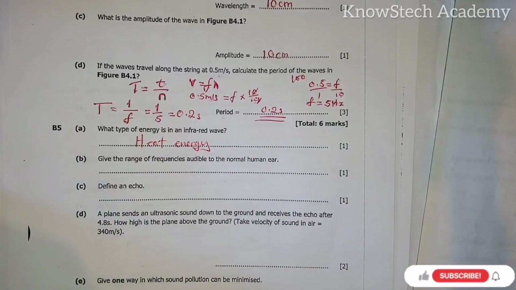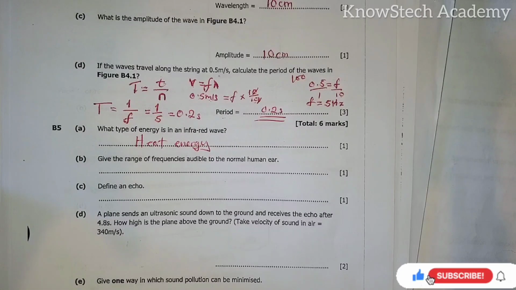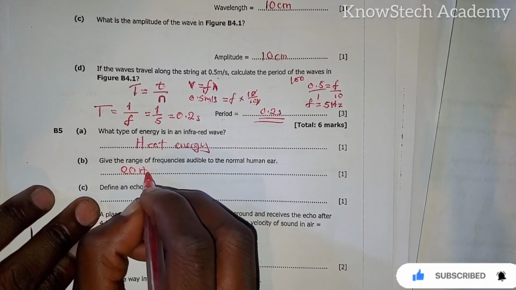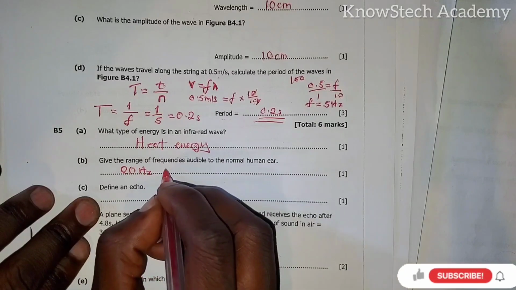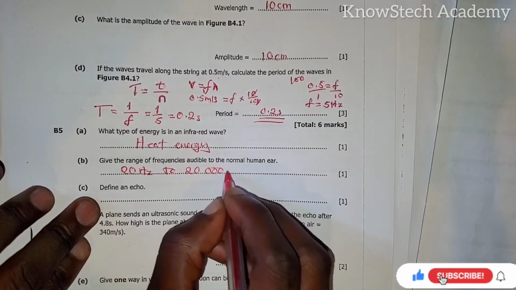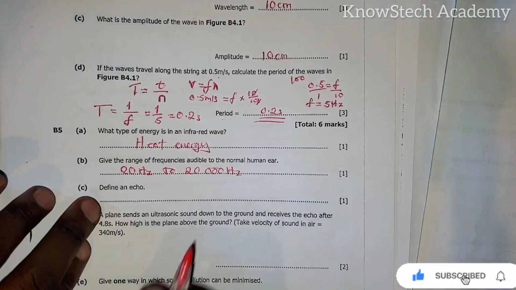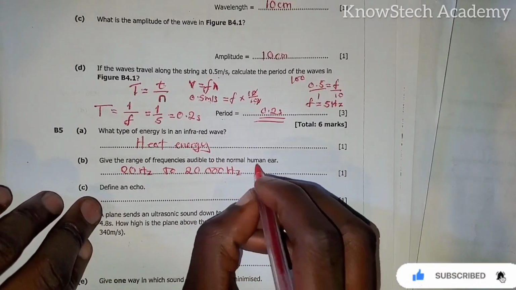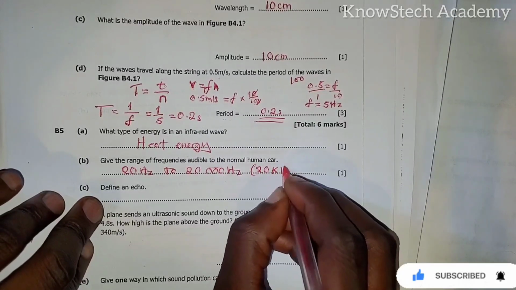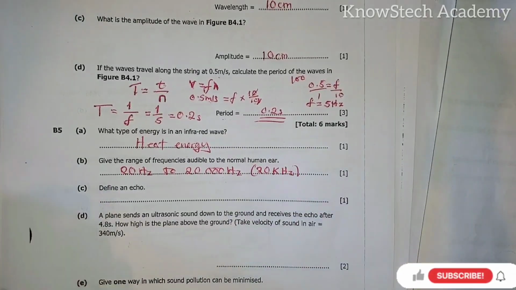Then the second question is saying, give the range of frequencies audible to the human ear. The frequency audible to the human ear is 20 Hz to 20,000 Hz. This 20,000 Hz can also be written as 20 kilohertz.